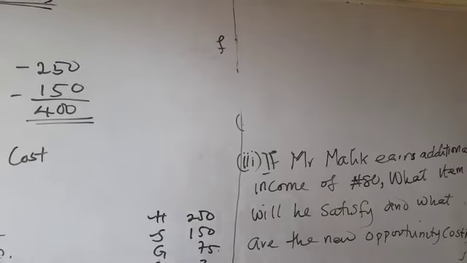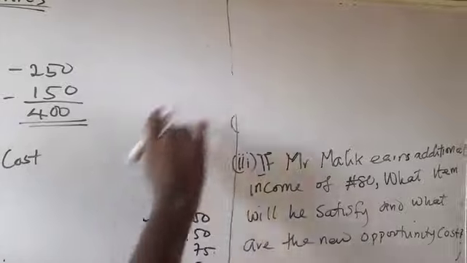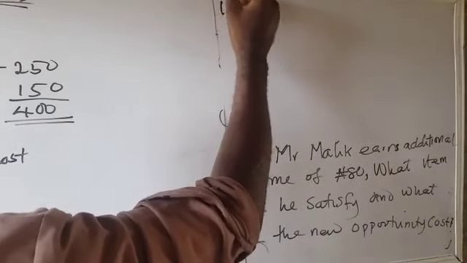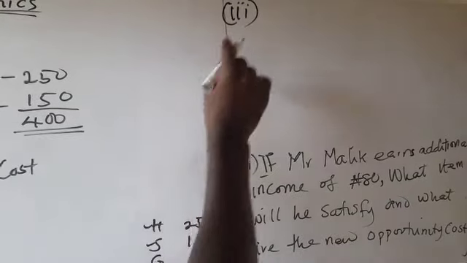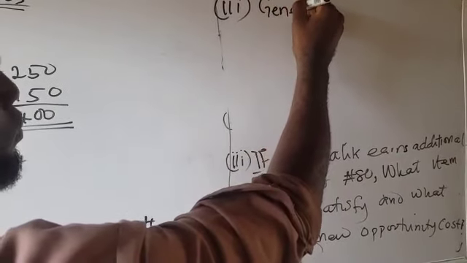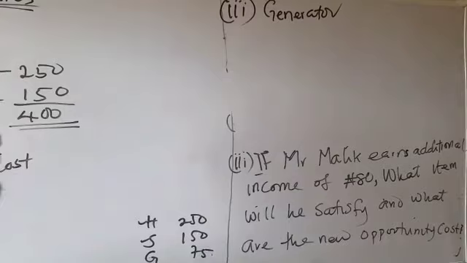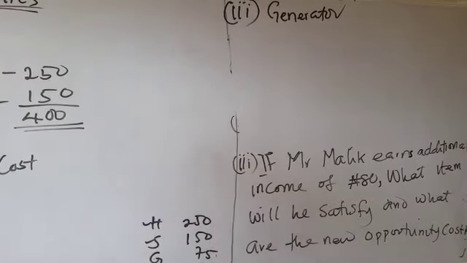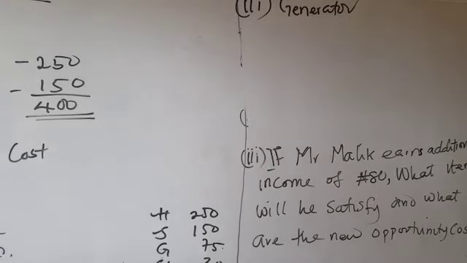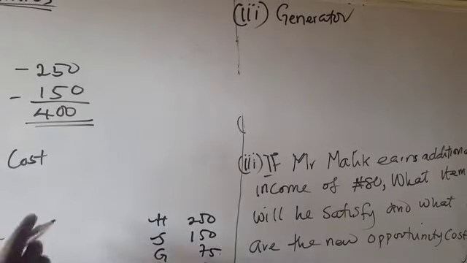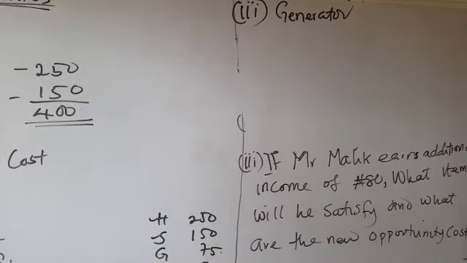Now, according to the question, the next item there, number 3, the next item that he will be satisfying is the generator. Because the 80 naira he earns is more than enough to buy the generator, since the generator is 75 naira.